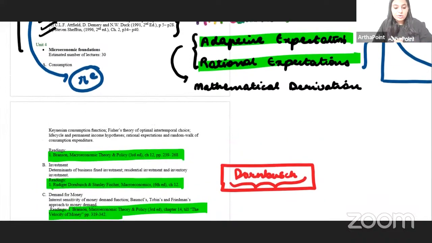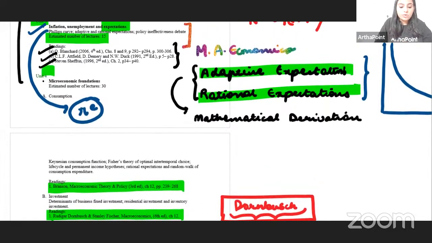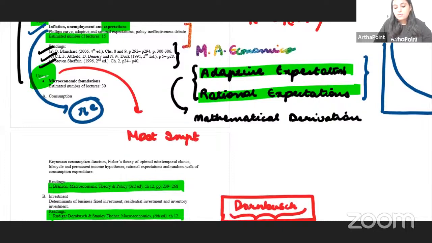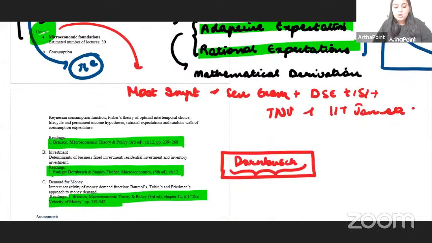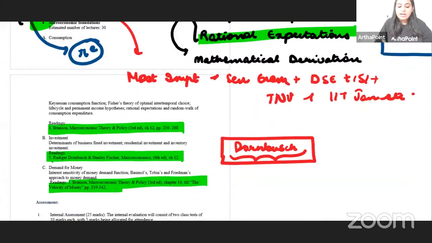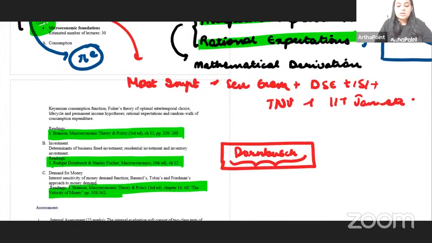Okay, now let's go ahead and look at unit 4. This is most important for your semester exam, for DSC entrance exam, ISI, JNU, IIT JAM, any entrance exam. Most important topic. What is this going to consist of? It's going to consist of the consumption mechanisms.